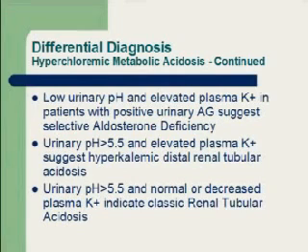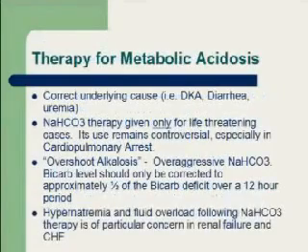Low urinary pH and elevated plasma potassium in patients with positive urinary anion gap suggests selective aldosterone deficiency. Urinary pH of 5.5 and elevated plasma potassium suggests hyperkalemic distal renal tubular acidosis. Urinary pH of 5.5 and normal or decreased plasma potassium indicate classic renal tubular acidosis.